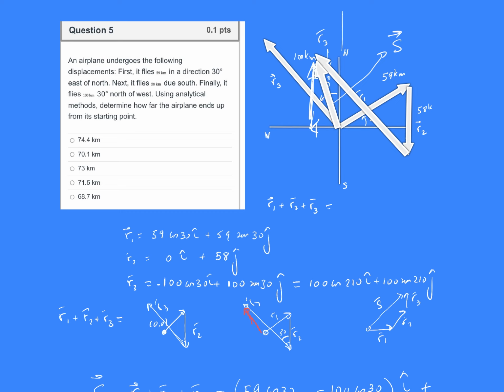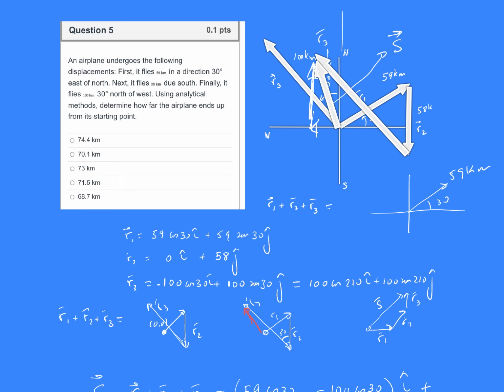So who is R1? R1 is this vector, R1. So I should erase the vector, but R1, I should draw here R1. R1 is the vector that has 59 kilometers in the 30-degree direction.